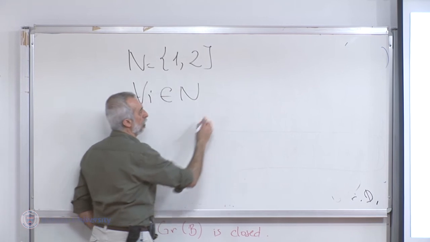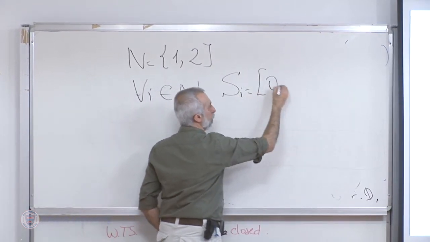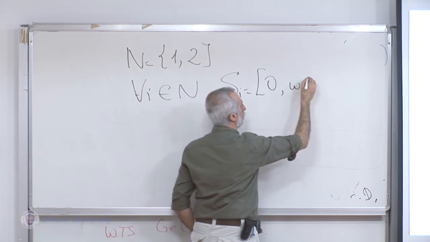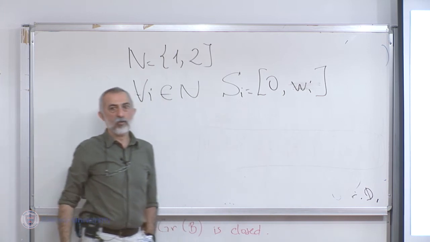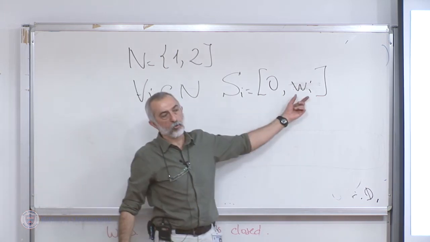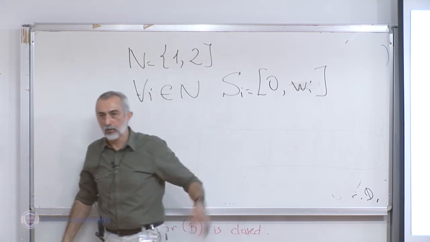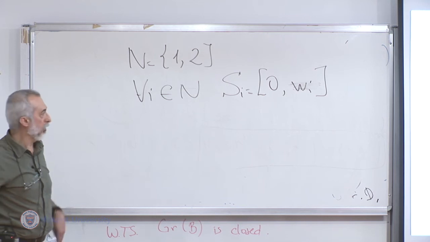for each agent, the strategy set of agent I is 0 to WI, right? If that's my total wealth, I can't contribute more than that. Contributing a negative amount is not meaningful, okay?